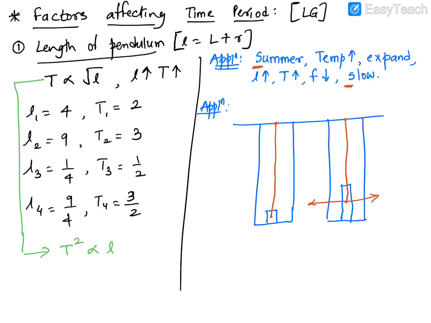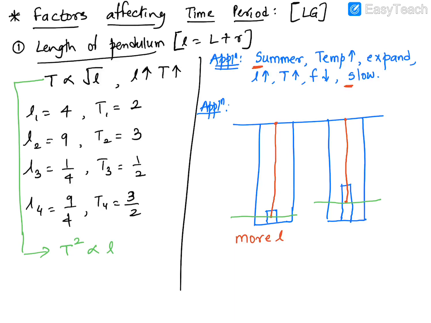If you notice, this distance is greater in this case, meaning more effective length. Are you getting the logic? Why is there more effective length here? This is the reason, it has got more effective length.